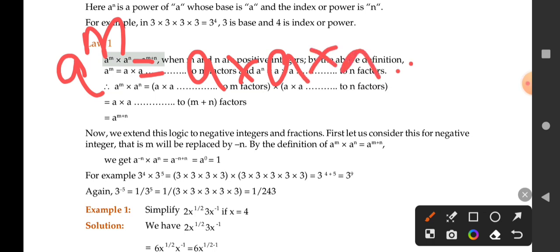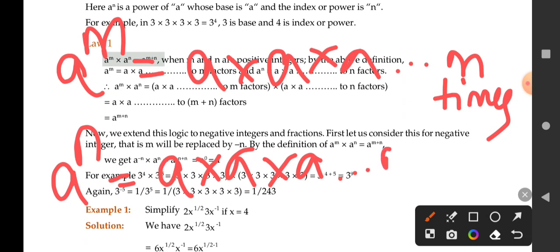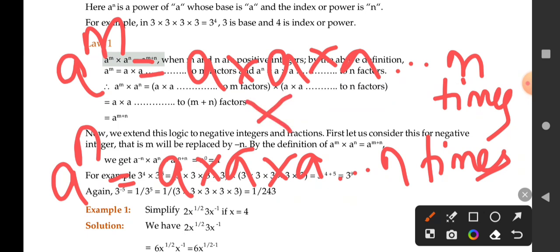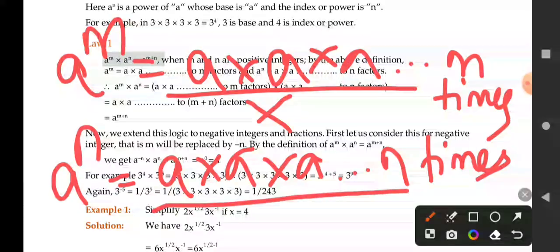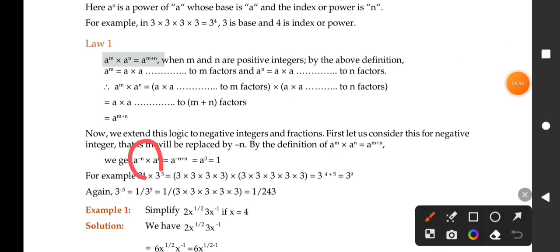Multiplying a, m times, right? And what does a power n mean? Multiplying a, n times. If we are multiplying both of these, multiplying m times and again n times, there are a total of m plus n times, which is the proof that it is equal to a power m plus n.